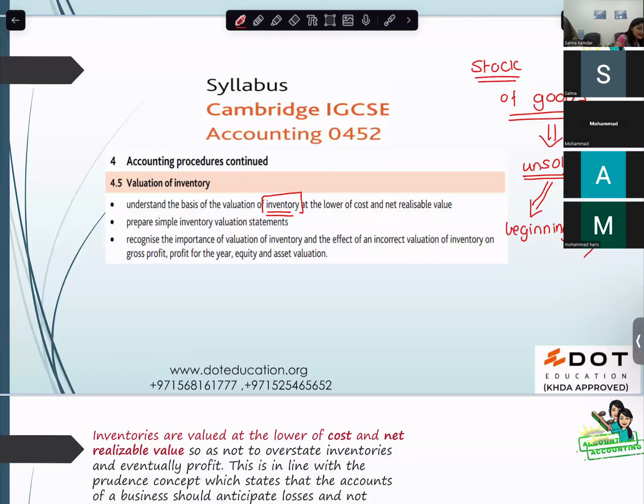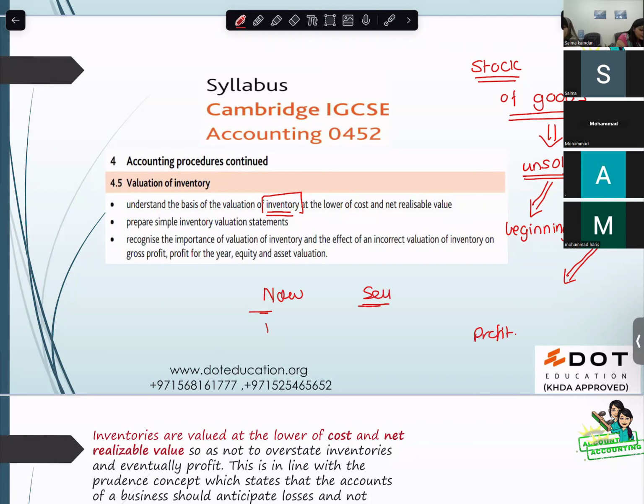Now, there is a purpose of doing this. We need to value our inventory on the last date, and we have to remove this inventory from the cost of sales. See, what I buy now, I sell now, I immediately know the profit of those goods, right?